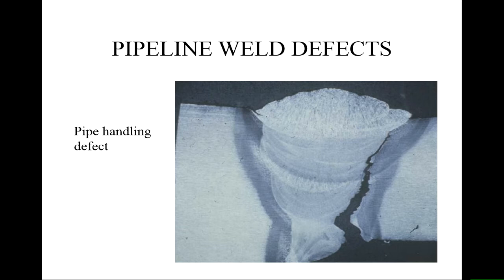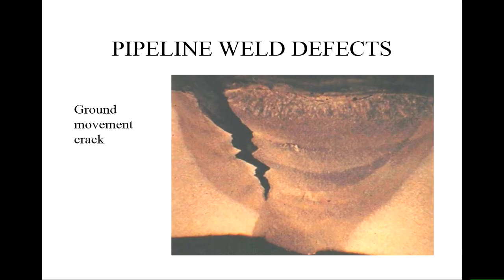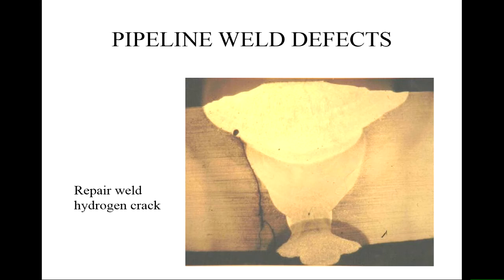Another situation is if there is earth movement while the pipe is in the ground, and I think the next slide will show us that. Yeah, but what do you notice? Where do you see this crack propagating? What region is it? It is the heat affected zone.